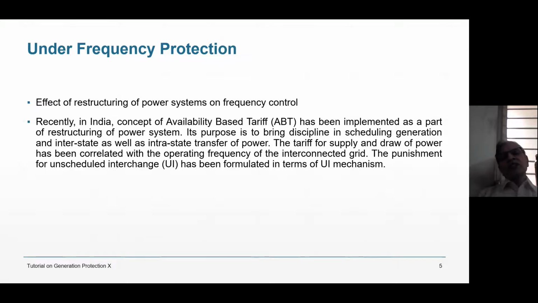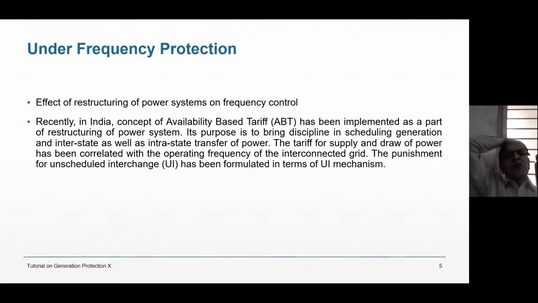But under frequency is class B protection because there is no fault. The load is more. So under frequency is class B protection. And usually it is in 2 or 3 stages: if the frequency is less than 49.9, then the alarm will be sounded after some 4 or 5 seconds.